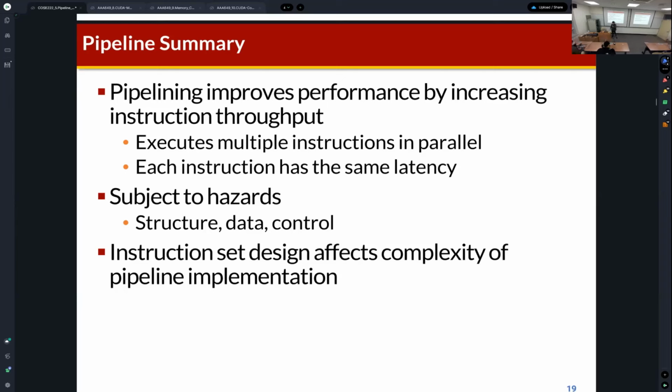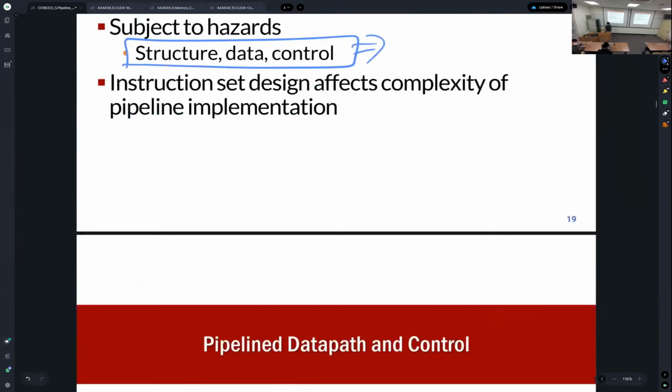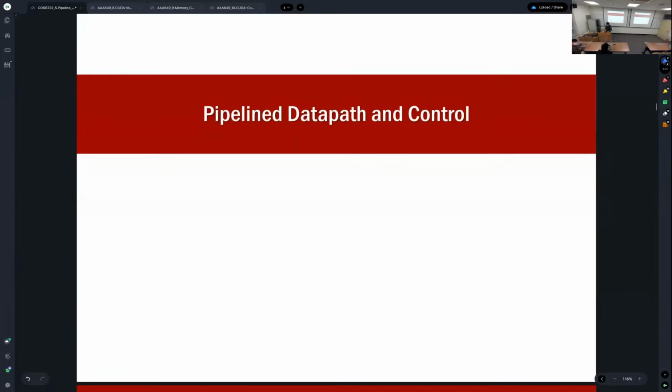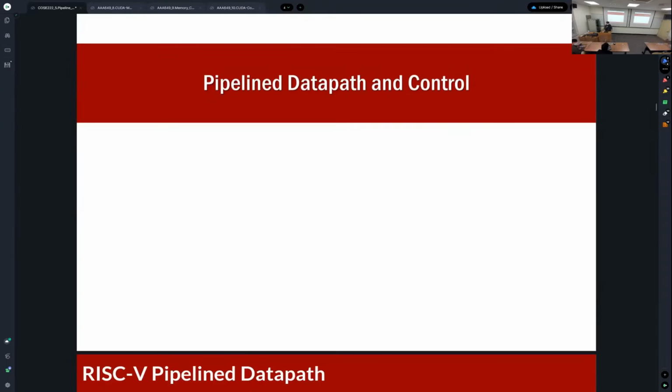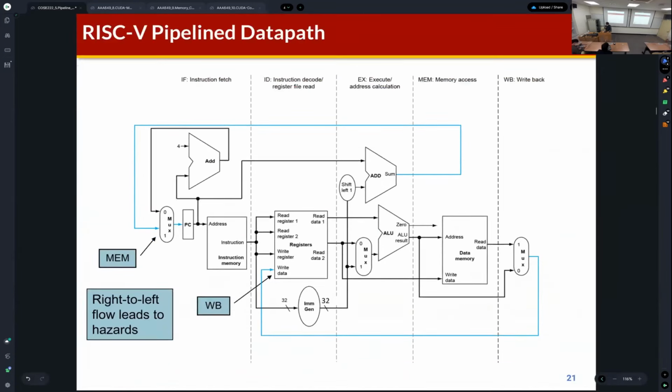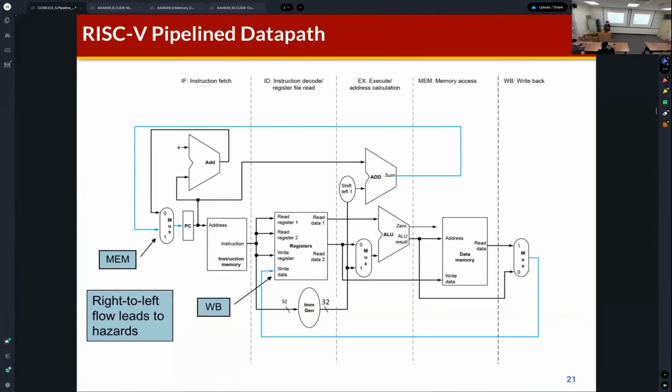So we need to reduce the hazards as much as possible. Okay? There are 3 kinds of hazards: structural, data, and control. This is very important in the processor design. Okay, so please understand the causes of hazards. I briefly explained the pipelining of the processor design. Then let's see how pipelining is applied to our processor design.